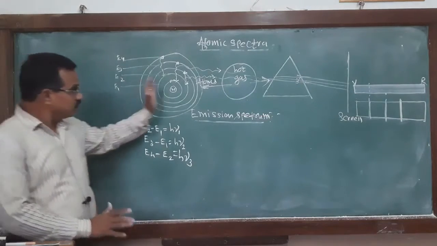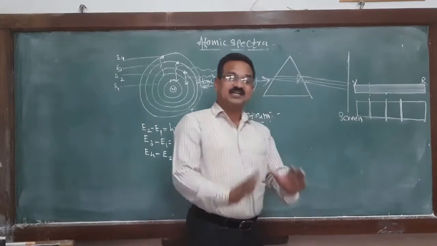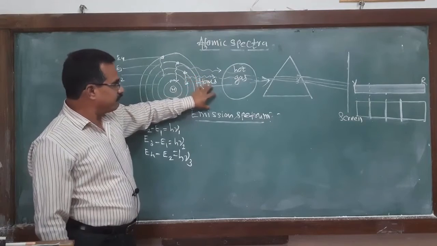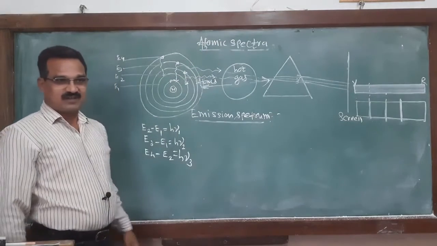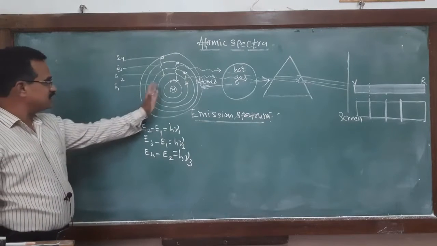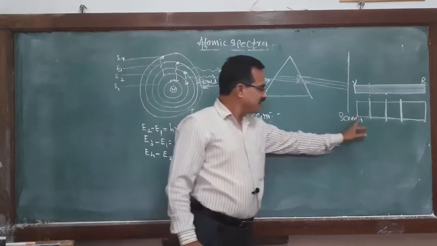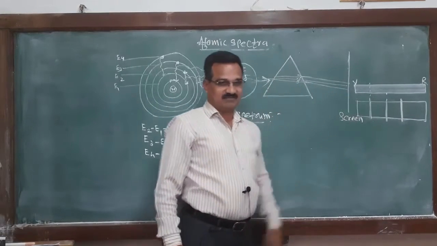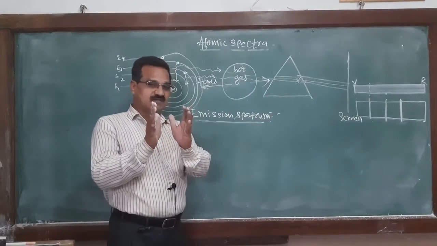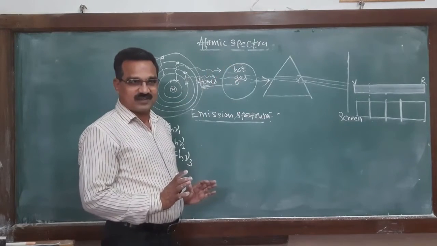See here, when we use white light, we get a colored spectrum and it is continuous. But instead of white light, when we use a hot gas, meaning the gas is in excited state, it emits radiation, and that radiation contains different colored lines. But those colored lines are fixed for that particular gas or material.